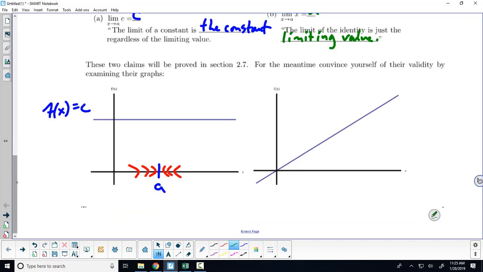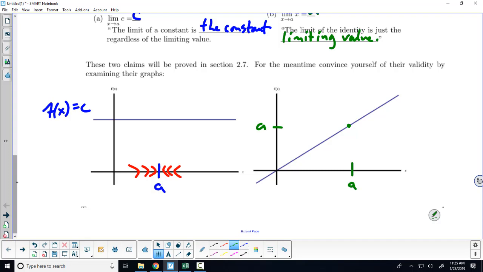So again, what does the graph of the identity function look like? Well, it's that line that passes through the origin at a 45-degree angle, right? It's a very boring function. If you plug in a 2 into the identity function, it spits out a 2. If you plug in minus 28, it spits out minus 28.